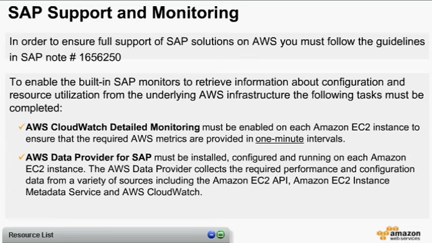And the reason for that is we actually built what's called the AWS Data Provider for SAP. And this takes information from a number of different areas that are available on AWS. So one is CloudWatch, one is a service that is available from within each virtual machine. Basically you can make API calls to it to find out information about yourself. What's my instance ID? How much memory do I have? How many cores do I have? Those types of things.